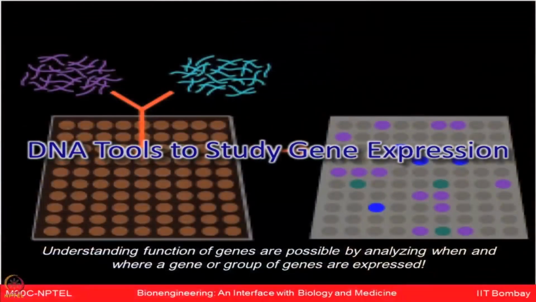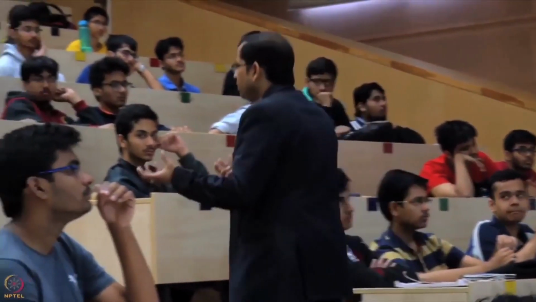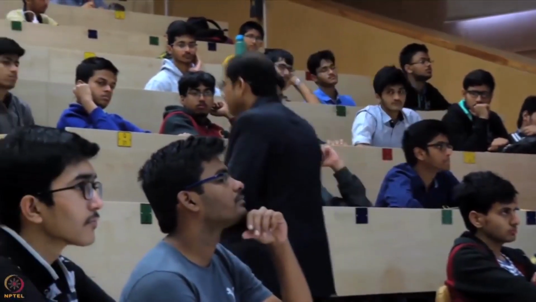Understanding the functions of genes is now possible because one could analyze when and where a group of genes are expressed. Think about a broader picture. We have millions of cells, right, and in each cell ideally we should have the same genome, because if you look at the macro picture of the cell which we talked about, we have the nucleus and all the genes present over there.